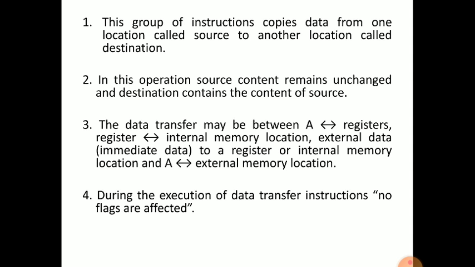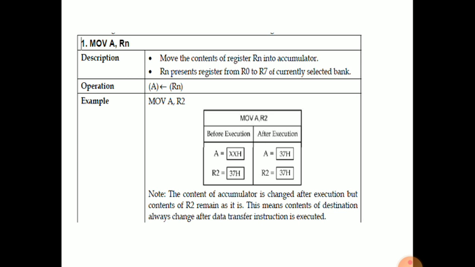So the number of ones will not change, the number of zeros won't change, and the auxiliary carry and carry bit are also not used, because we are not doing any addition or subtraction, so there is no possibility of generation of a carry bit. And overflow is also not possible. So all these flags remain unaffected within this entire data transfer type of instruction.